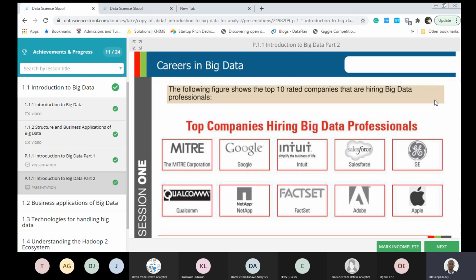This type of car is going to be generating data. So in another 10 to 15 years from now, the data generated by this type of vehicle will become another source of data for us to analyze.